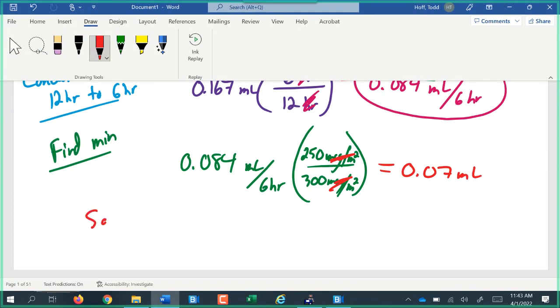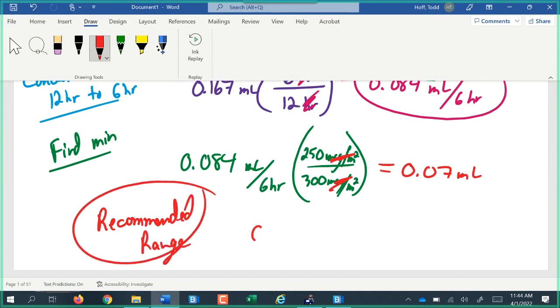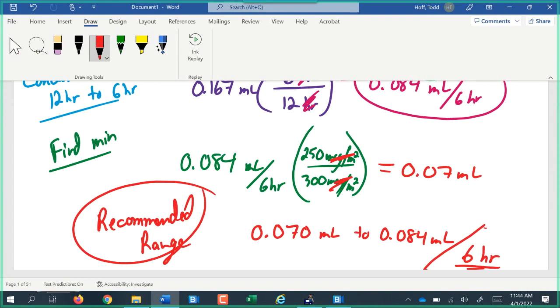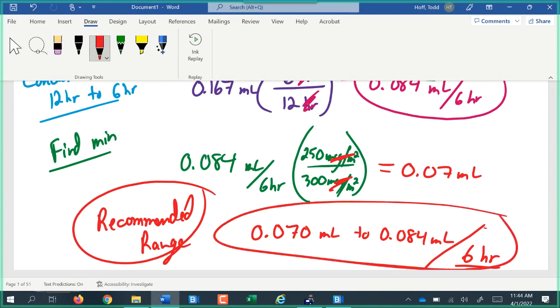So our safe range here, or recommended range, I should say, for this patient is to administer between 0.07 milliliters to 0.084 milliliters every 6 hours. It's important to have that time frame in there so that we know how often we're administering that medication.